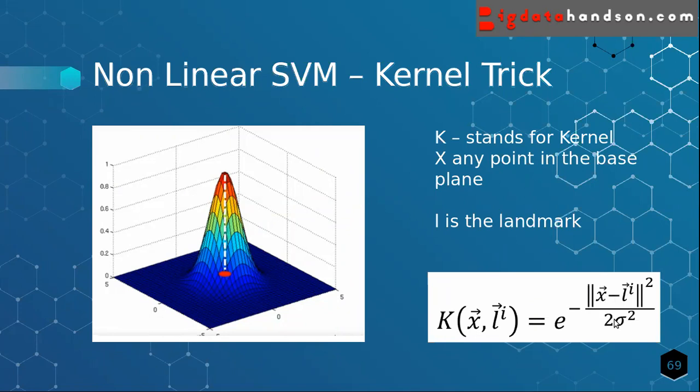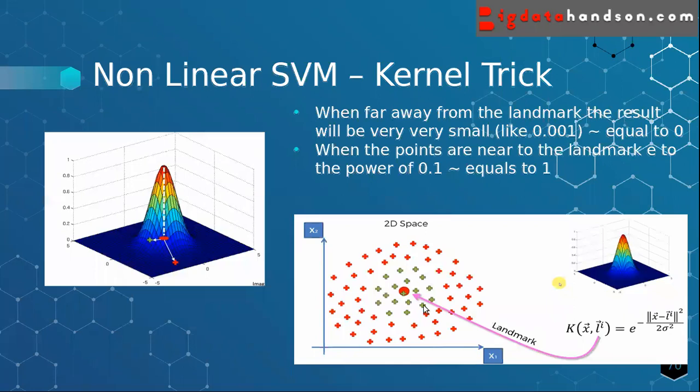The red dot is the landmark, and the plus and the cross are the points here, in 2D space. When far away from the landmark, the result will be very, very small.